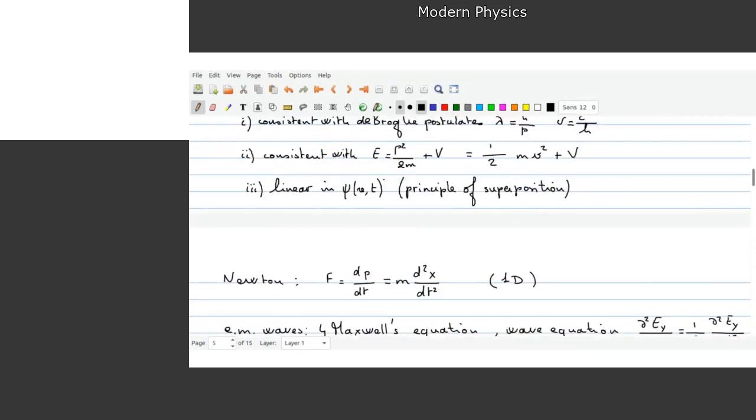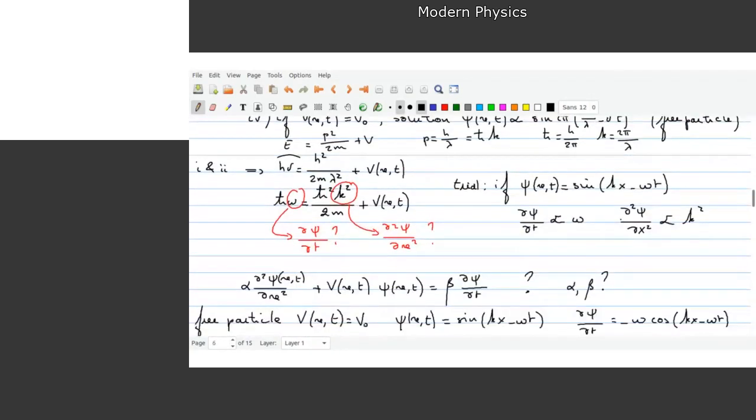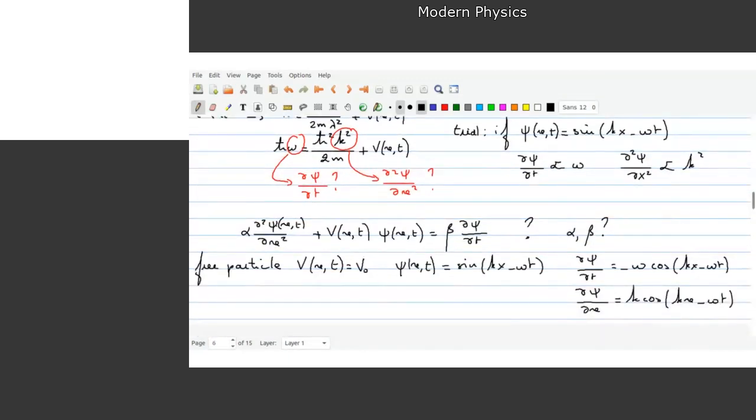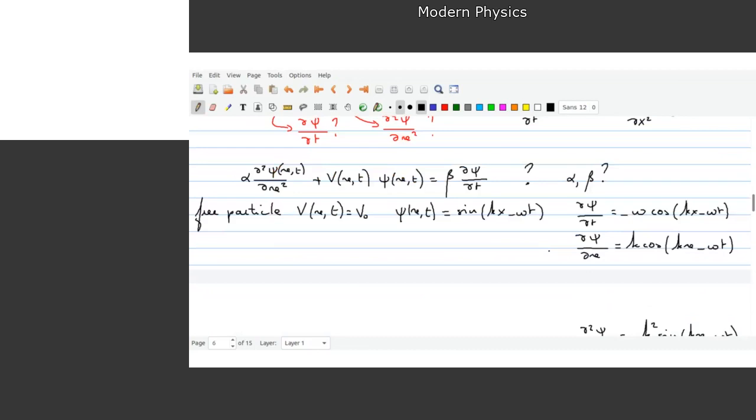If you have some term here not proportional to psi, it won't be linear. So we have this derivative plus V times psi equal to another coefficient, beta, times the partial derivative of psi over t, okay? The problem here is to test this function to see if we can obey the other constraints, and we also have to determine what these coefficients alpha and beta would be.